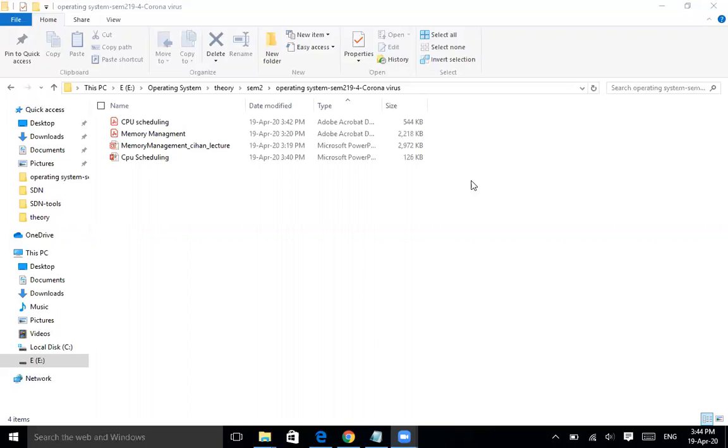I'm going to attach two files for you in the portal, one regarding CPU scheduling, and once we finish the theory part of this chapter, we're going to go to the memory management chapter. Both of them will be in PDF format, okay? In case you have a question, send me a message on the portal.